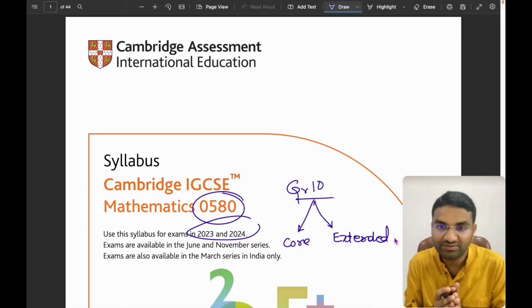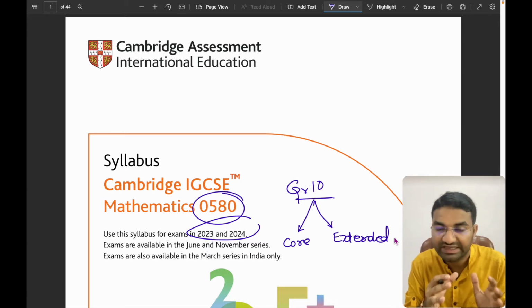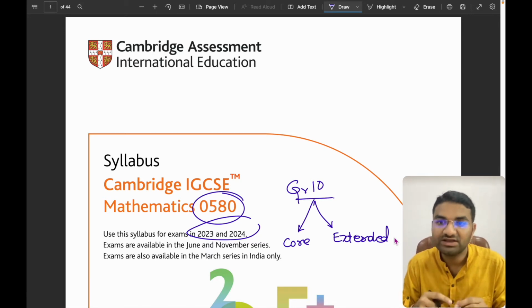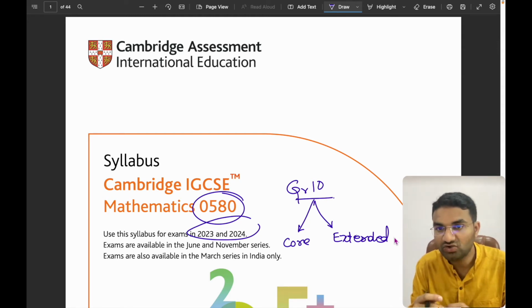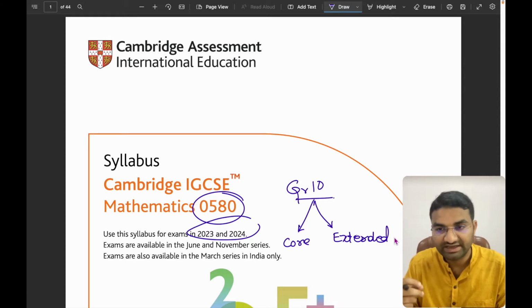So what's the difference between the core and extended syllabus? The core syllabus is a little bit easy to understand and easy to score, and compared to core, extended is a little bit tough.